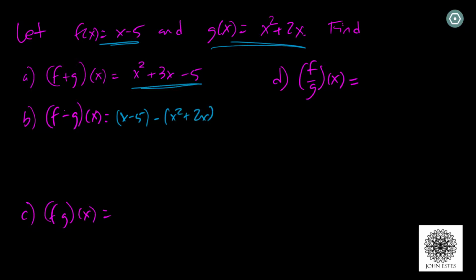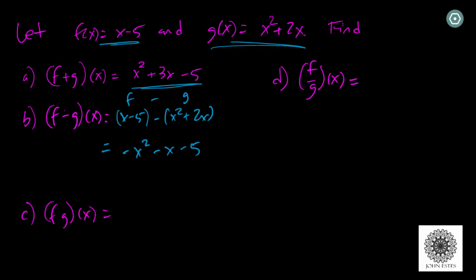That's just f of x minus g of x. Alright, so now we just need to clean up and get our common terms. So we have a negative x squared. We have a minus 2x plus x, so it'd give me a minus 1x, and then a minus 5. There's my f minus g of x.